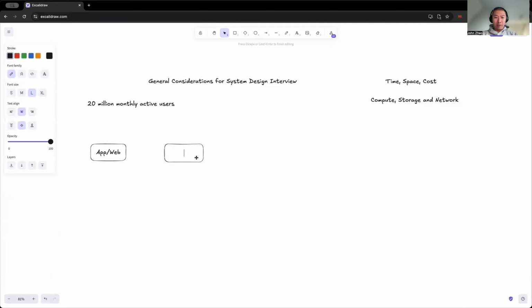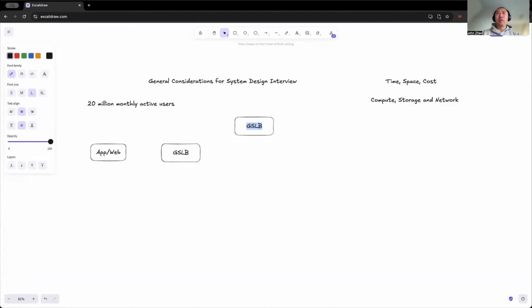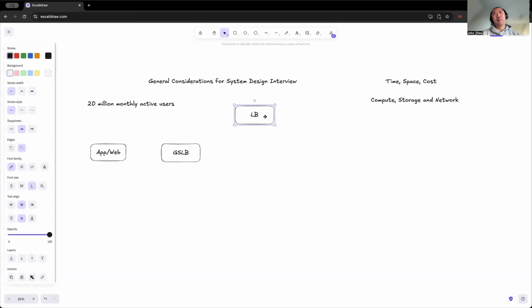The consideration here is that if it's really large scale, with global data centers, you need global server load balancing. This is the top layer of load balancing, which will direct traffic to your local load balancing. By local, I don't mean on your local machine. It might be a local data center or even an availability zone. So you can see that even load balancing is tiered at large scale.